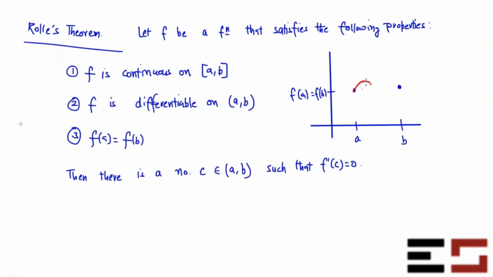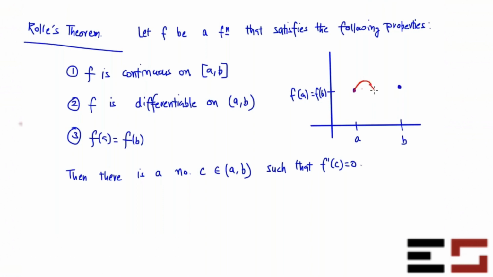This is the stage where f prime of c is 0. So there is a number c such that f prime of c is 0. If the function goes up here, then at some stage it will turn back because it has to go there.